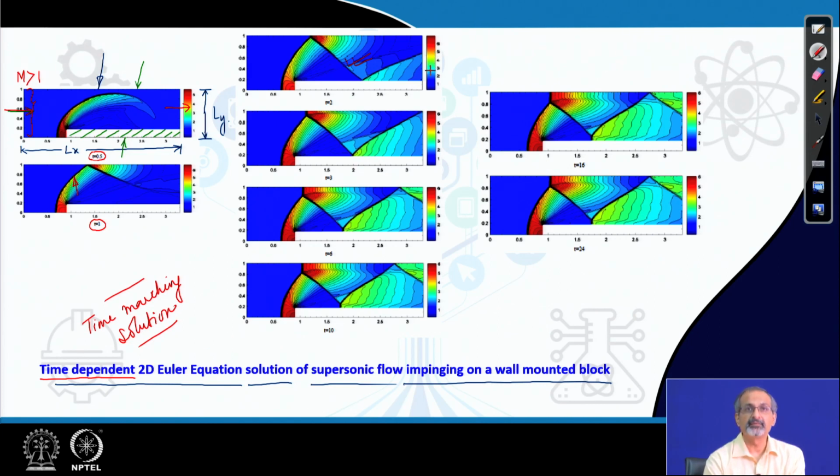This being an inviscid flow, there is no boundary layer formed on any one of these walls, and gradually there are more wave patterns which are forming till you run the simulation to much longer times. This is at t equal to 24 non-dimensional times. And then you can figure out that different parts of the domain are indicated by different contour levels, different colors.